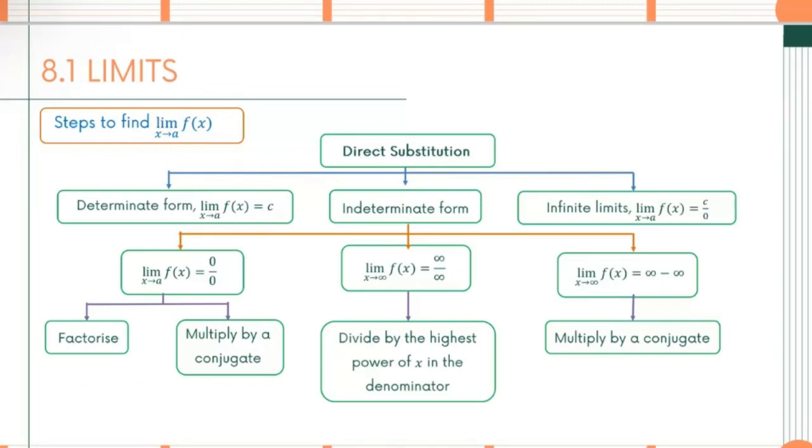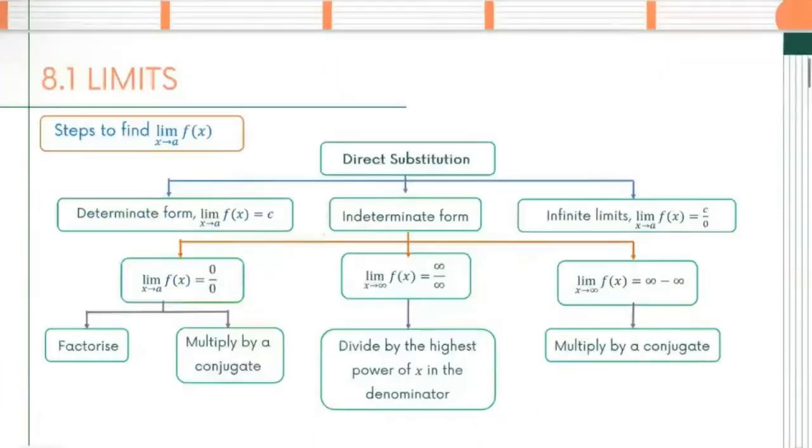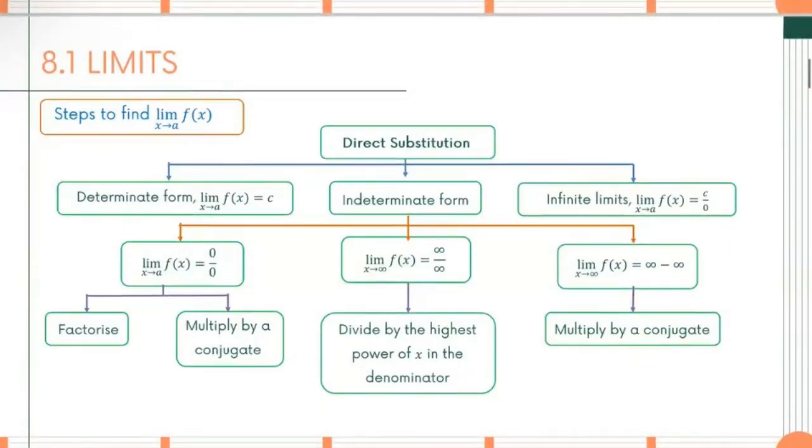So macam yang kita buat dekat properties ni tadilah, kita direct substitutekan dia sahaja. Okay, selepas kamu direct substitute, dia akan keluar beberapa case. Okay, let's say if you direct substitute and you end up terus dapat the value of a limit, so itu terus akan dapat jawapan limit lah. So ini yang kita buat dekat dalam basic properties tadi.